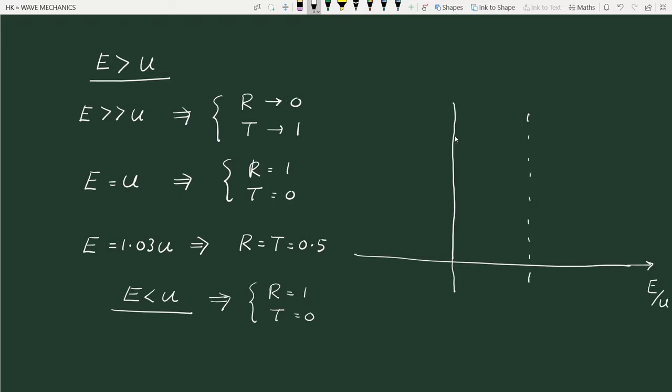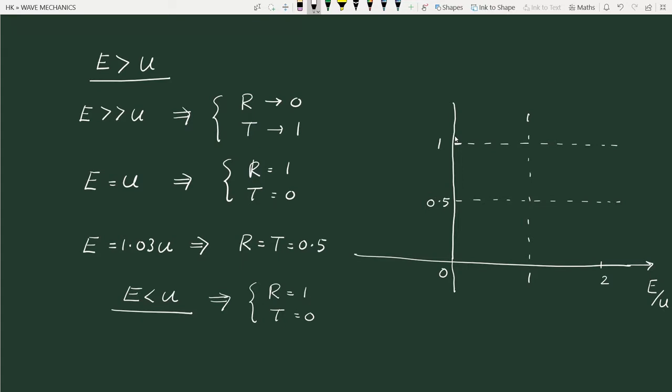Suppose E by U is equal to 1 here, 2 here and 0 here. E by U equal to 1 means E is equal to U. The maximum value is 1, and somewhere here is 0.5.